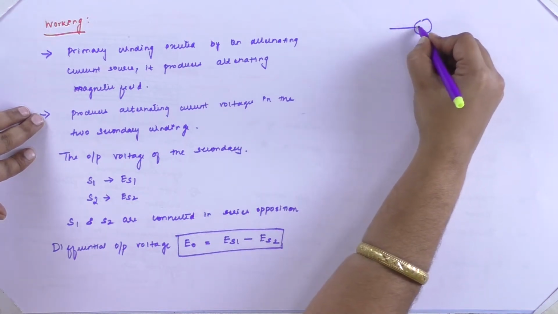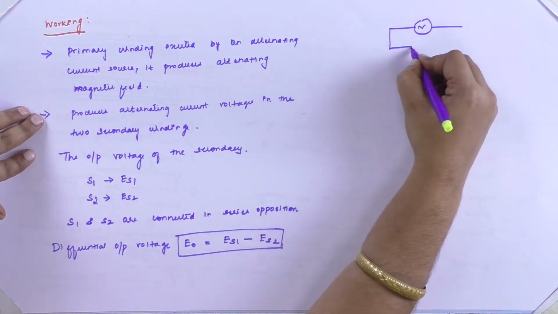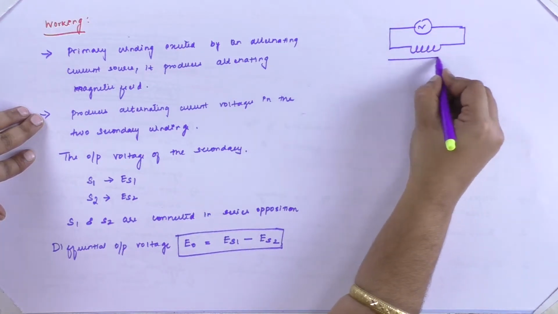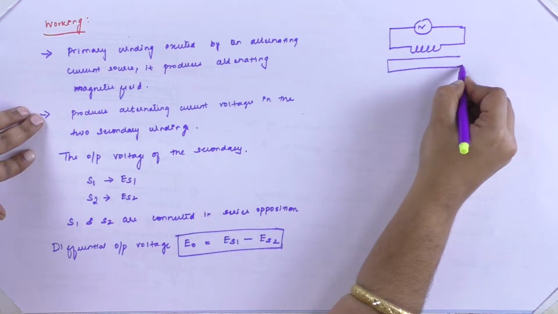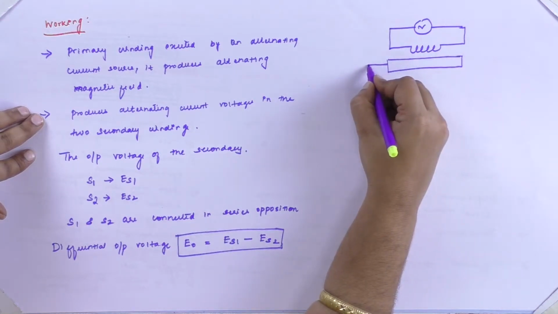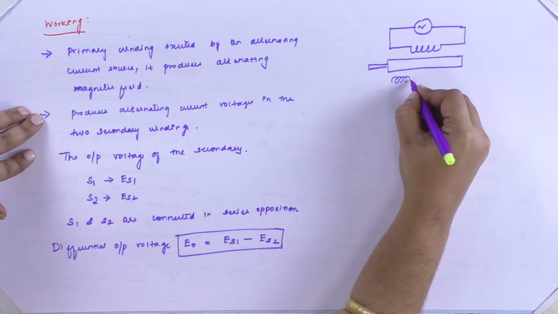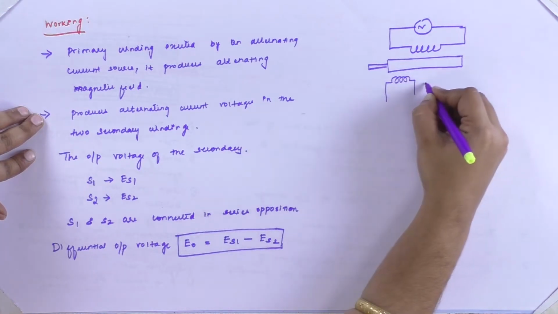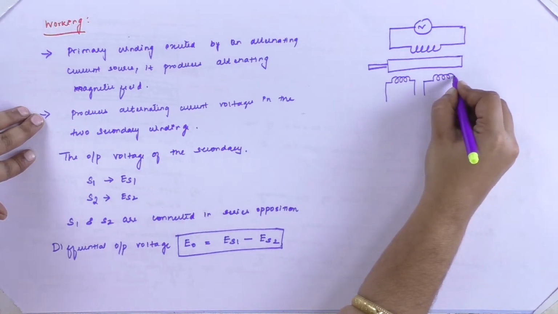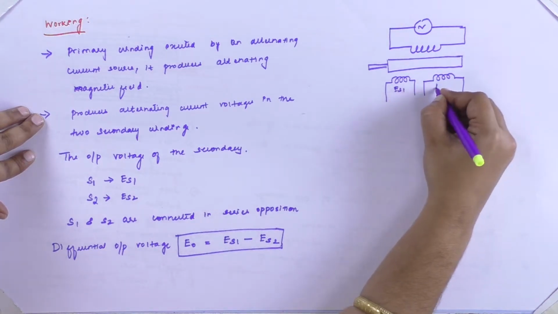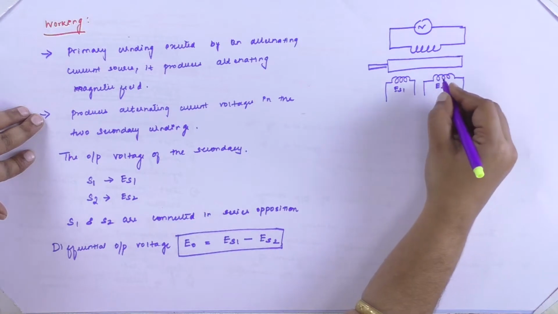The LVDT has a primary winding. In between the primary and secondary there will be a soft iron core with an arm, and the secondary is divided into two. It has two secondary windings, S1 and S2, which produce the voltages ES1 and ES2.